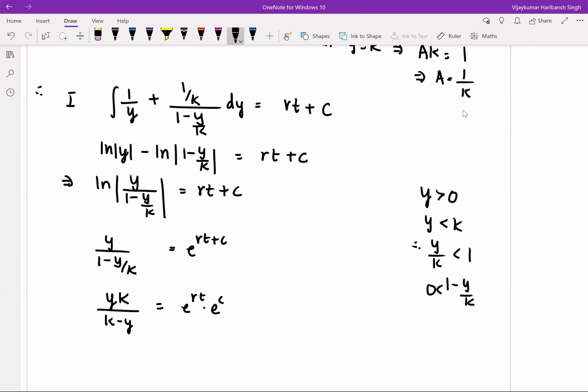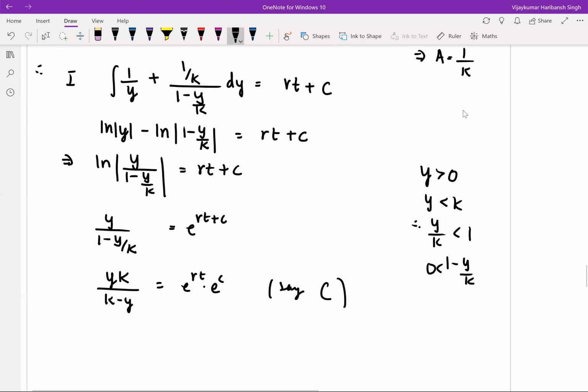Let's call that another constant, a capital C. So this is going to be e to the power rt times C.